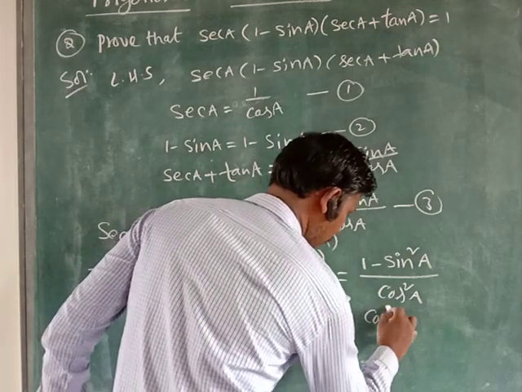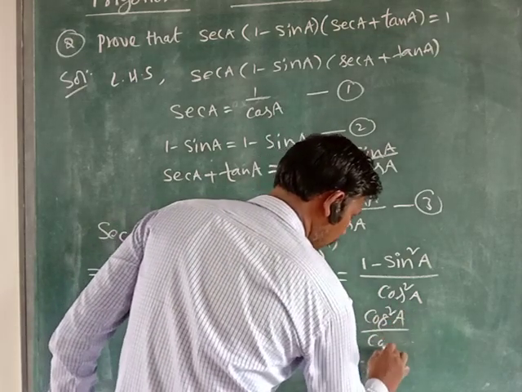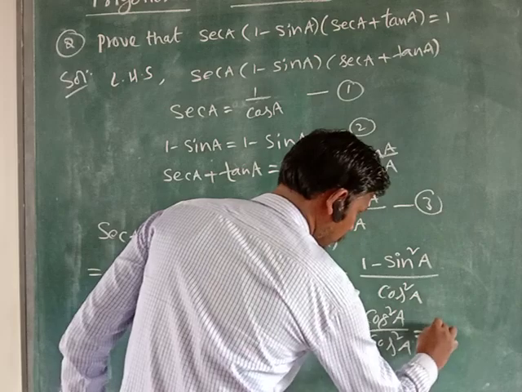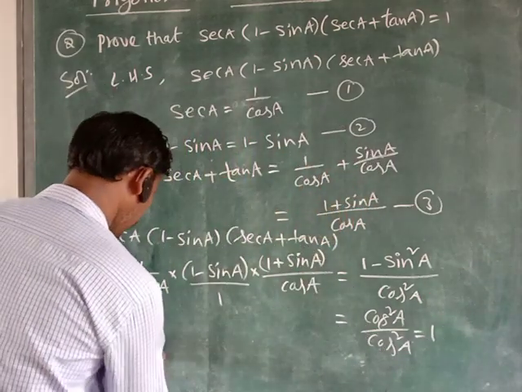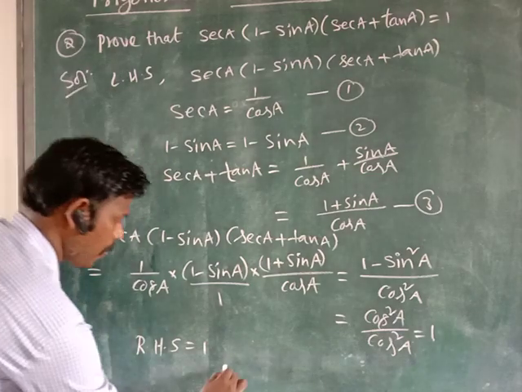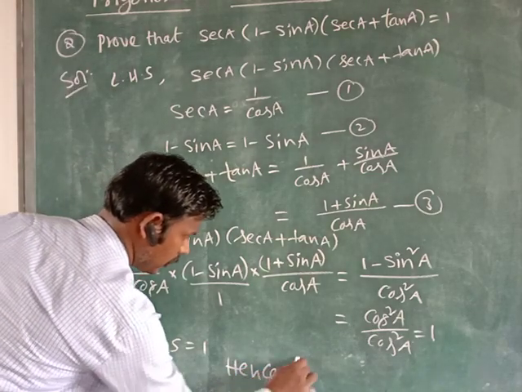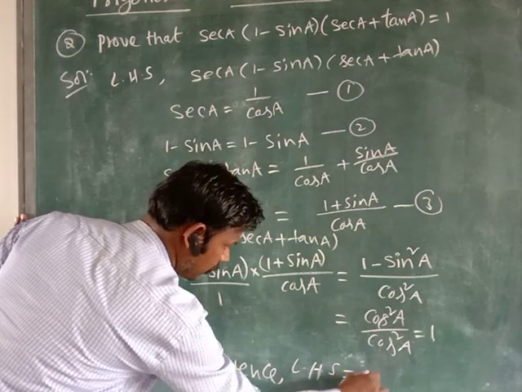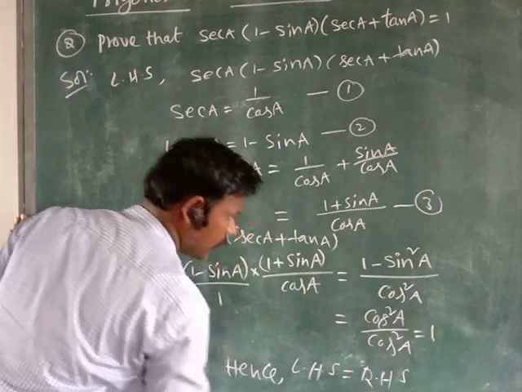Cos square A. Cos square A by cos square A is equal to how much, children? 1. That is RHS. Hence proved. Hence LHS equals RHS.